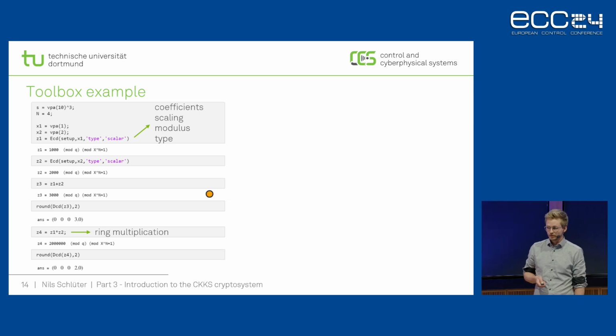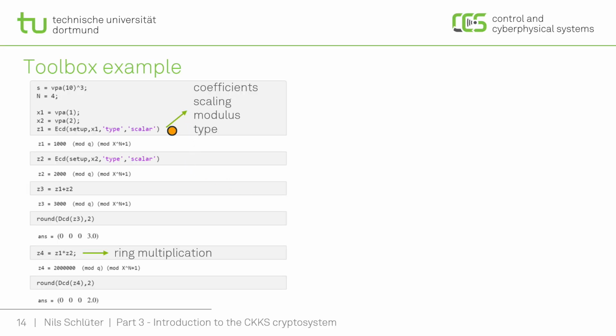On the left-hand side here, we have a look at the scalar case first. We have a scaling factor. We have n equal 4. Here are two numbers, 1 and 2, which are our plain text that are first encoded into our message. Here Z1 is the message polynomial. The polynomials are internally realized by the properties using coefficients, a scaling factor, a modulus, and a type.